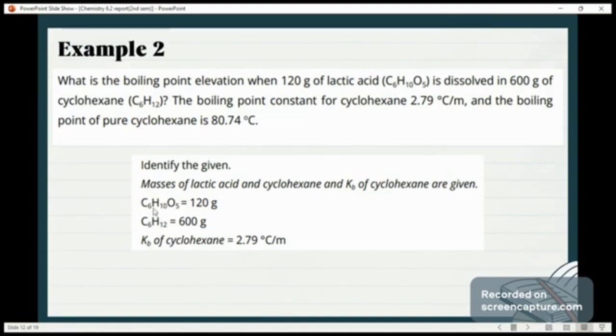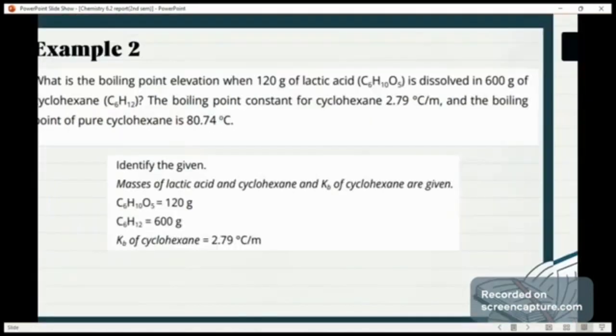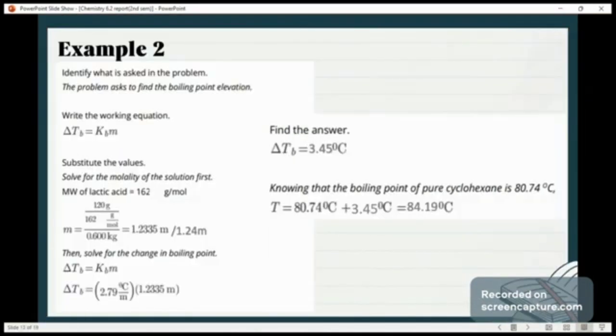We multiply the counts by the molar mass that you can see on the periodic table, then add all of that, and we get the answer 162 grams per mole. I will explain it to you later for the try it number 2.